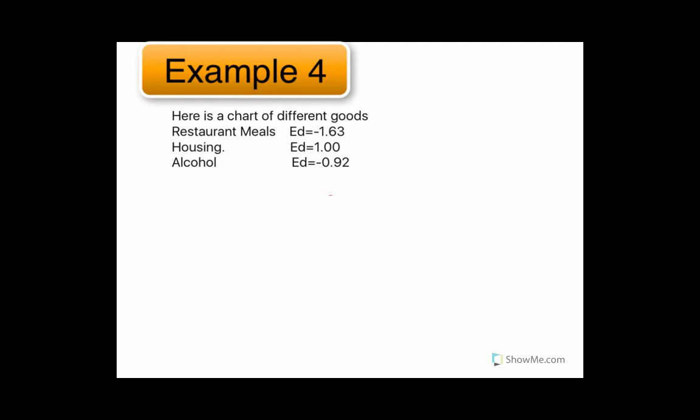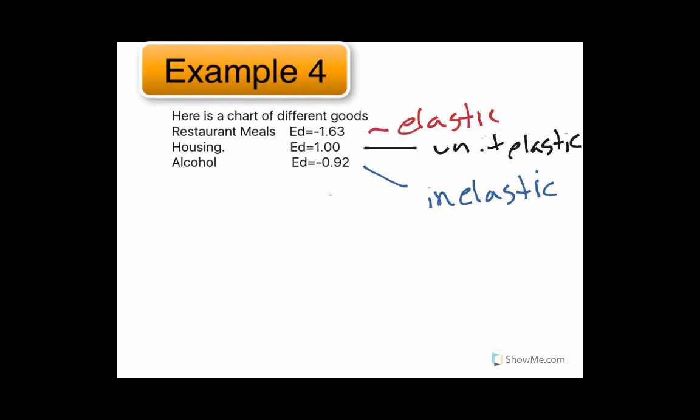And then there's alcohol, which is a -0.92% change in quantity demanded. As you can see, that's not even a full 1%, so that's fairly inelastic. To sum up this chart, we have restaurant meals, which is elastic, housing, which is unit elastic, and alcohol, which is inelastic.